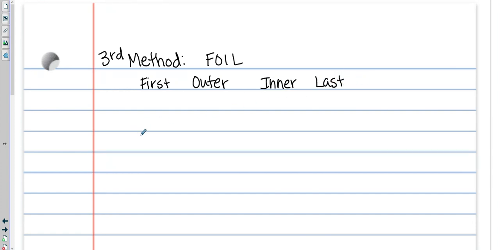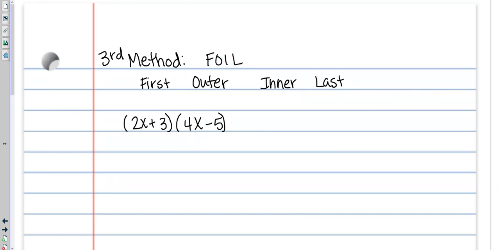So let me show you what I mean by that. Let's say I have 2x plus 3 times 4x minus 5. FOIL is very similar to the distributive property, but you would follow the letters to multiply everything.